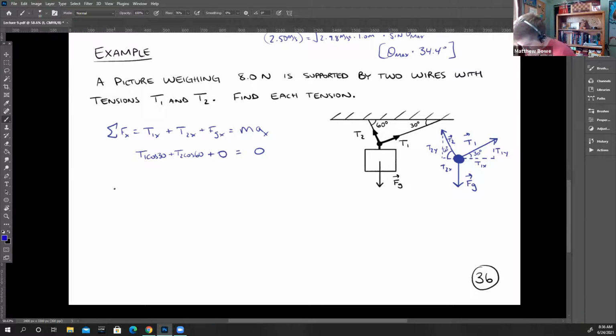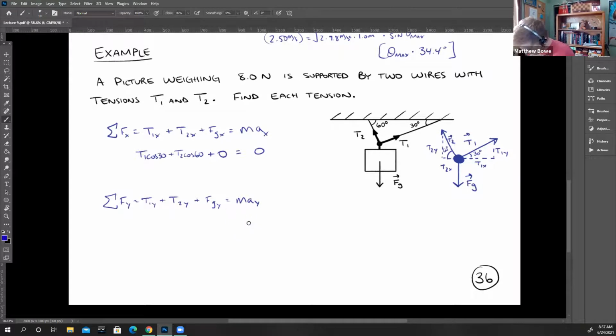Let's do the vertical components. The same exact thing, except vertical. We also know it's not accelerating up or down. So that's 0.